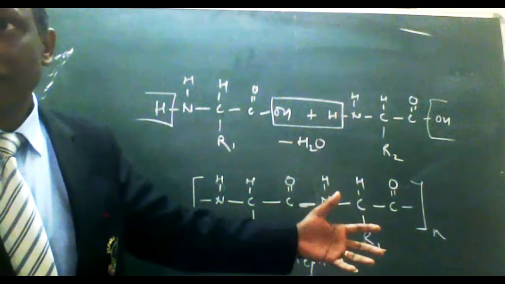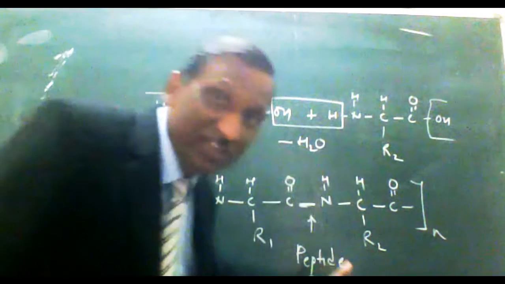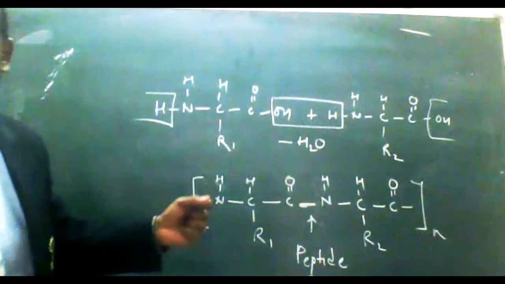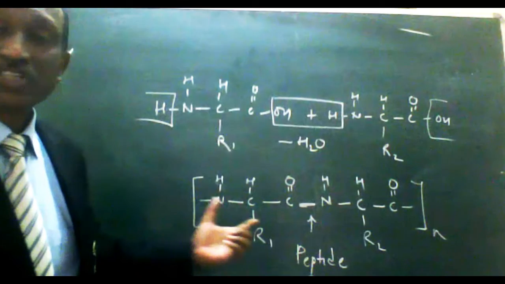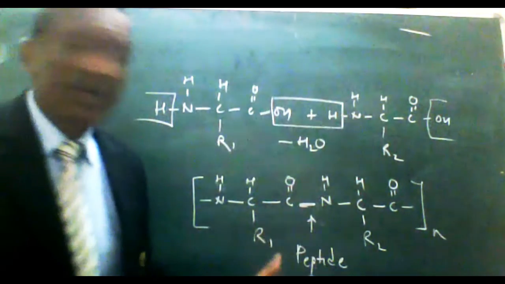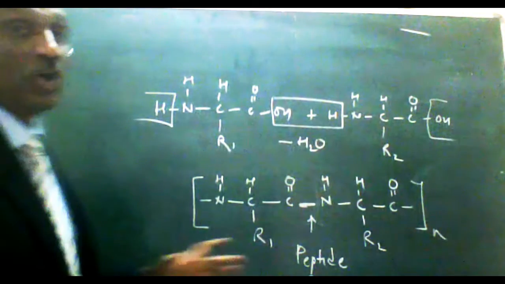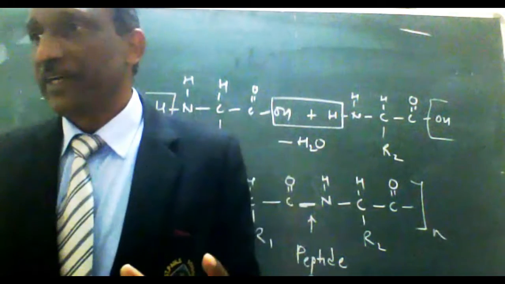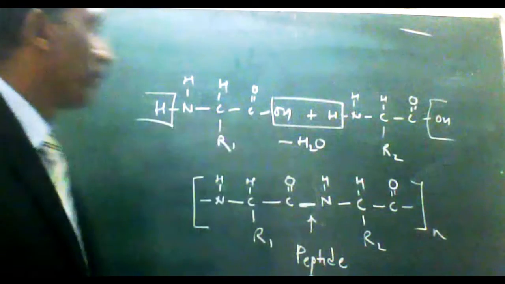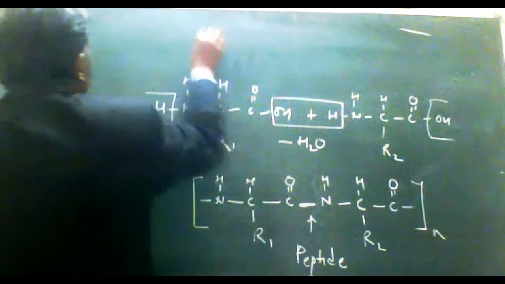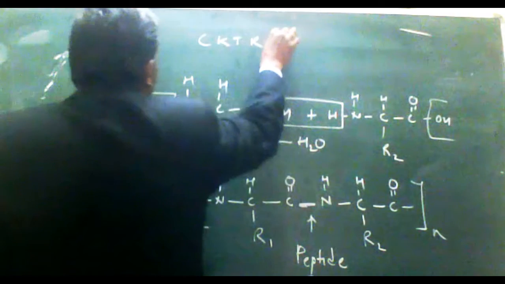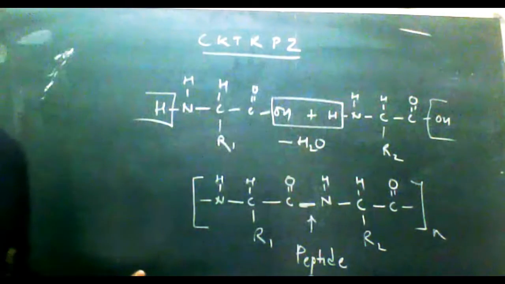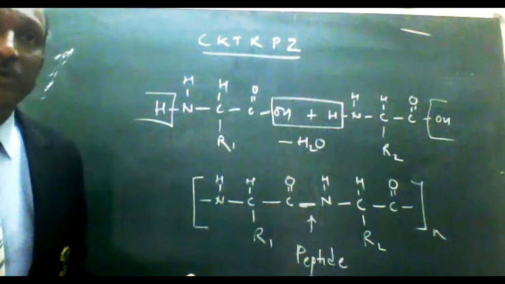Can you see? How can you see here? In between, this is coming. You can see that side. Okay, so this is called a polypeptide. Now, not all polypeptides are proteins, but all proteins are polypeptides. Did you understand? Suppose I write a word here, CPKRPJ. You may call it a word, but it may not have a meaning.